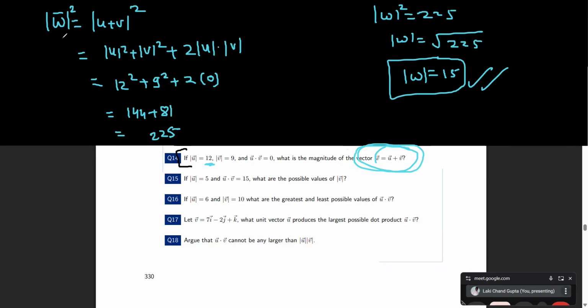First I take mod on both sides, then we square both sides, and you apply a plus b whole square, which is a square plus b square plus 2ab, and all values are given in the question. 12 square, 9 square, and this is 0, which is given. Oh, I see. Okay, now I simplified. Just go through it once.